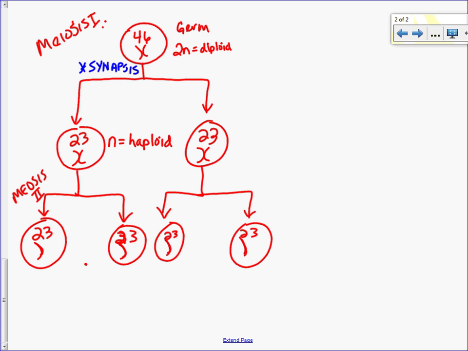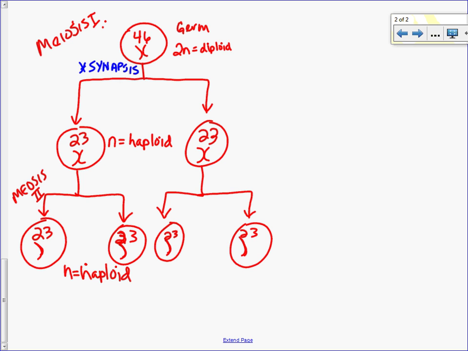Even though the text might say 23 chromosomes, remember, when we finish meiosis, those are chromatids. And they're still called haploids because it's half of the parent cell. We still have half the chromosomes of the parent.